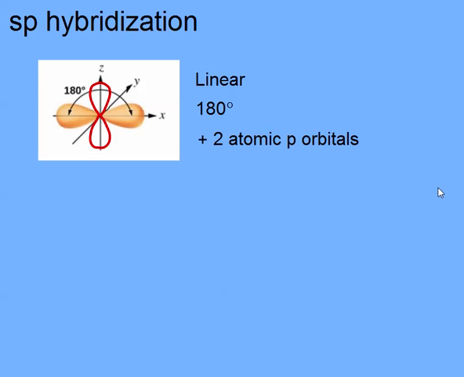Of course, there's a second atomic orbital which is unhybridized, it's still atomic, and that's at 90 degrees to both the hybrid orbitals and the other atomic orbital. So one of the atomic orbitals is above and below the plane of the nucleus, and one of the atomic orbitals is to the left and right, going into and out of the paper in front of us.